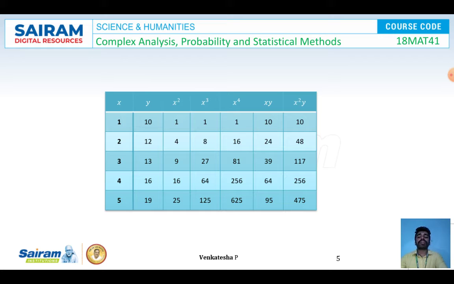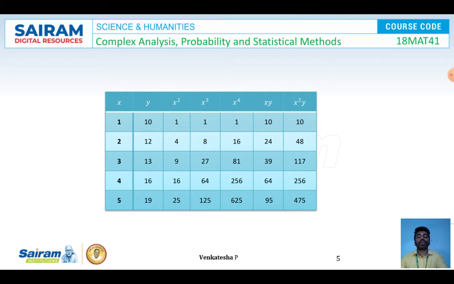I am going to calculate x² now. Squaring all the x values, it will become 1, 4, 9, 16, 25. Applying cube for all the x values, I will get 1, 8, 27, 64, 125. Applying power 4 for all the x values, I will get 1, 16, 81, 256, 625.